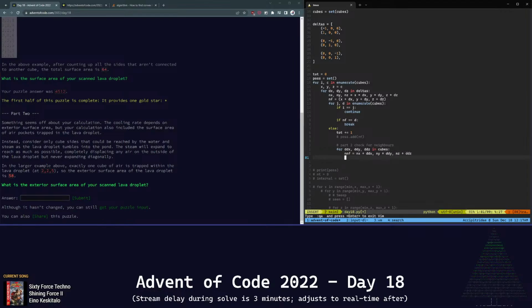But cool problem, I guess. So in this case, we're internal. Otherwise we are not, so we pass.